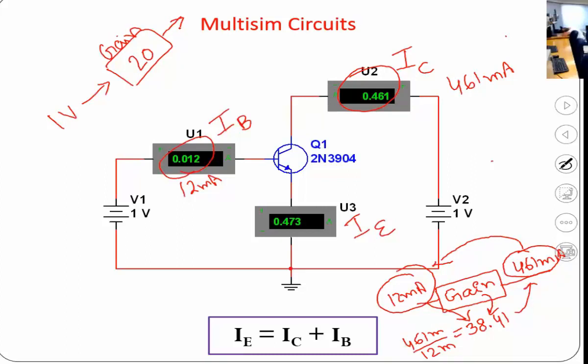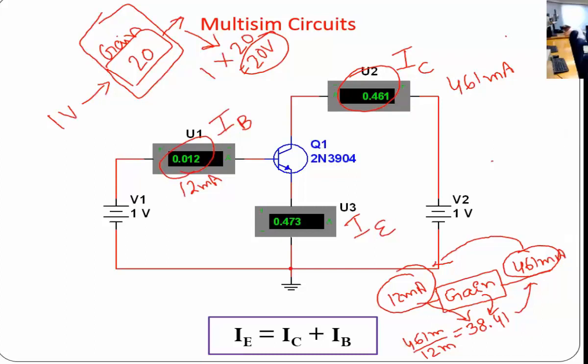The output voltage is the input times the gain. So if a circuit has a gain of 20, the resultant output would be 20 volts. Gain is a ratio of output divided by the input.